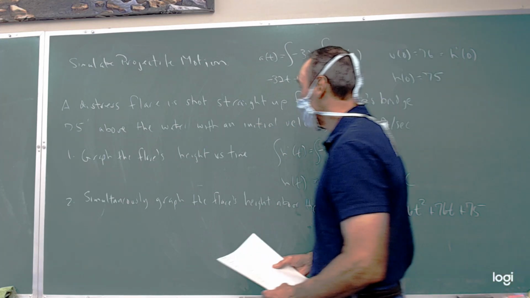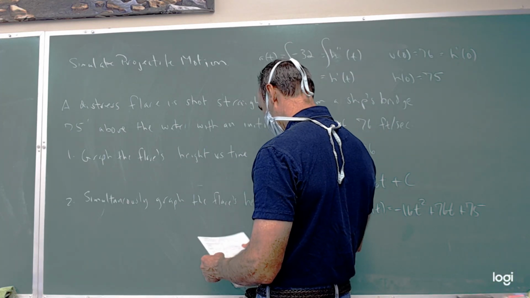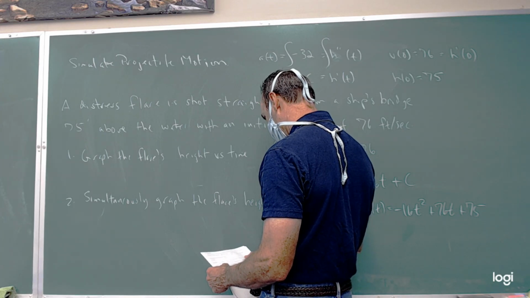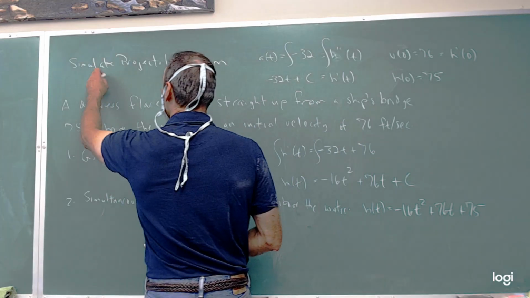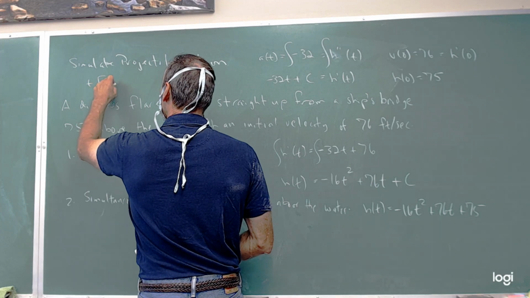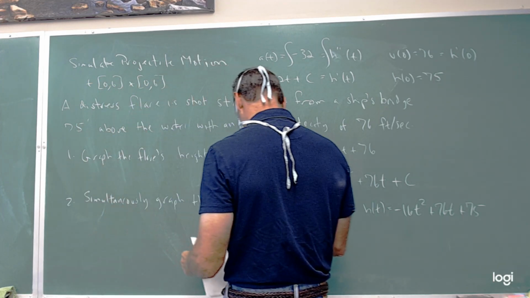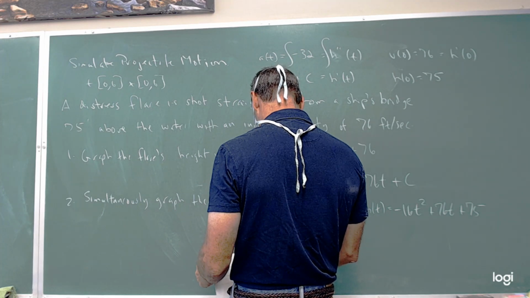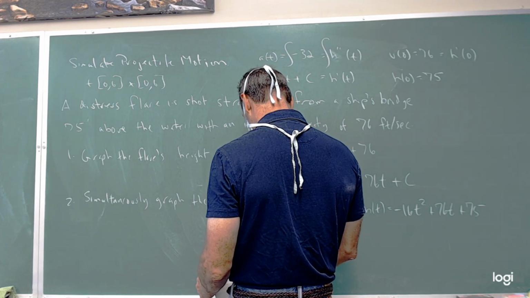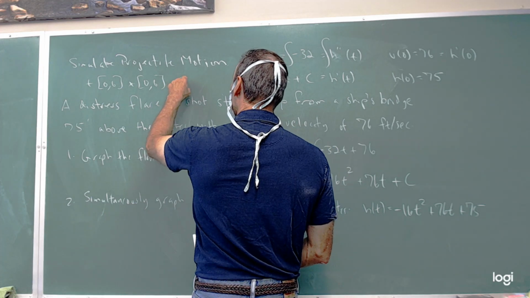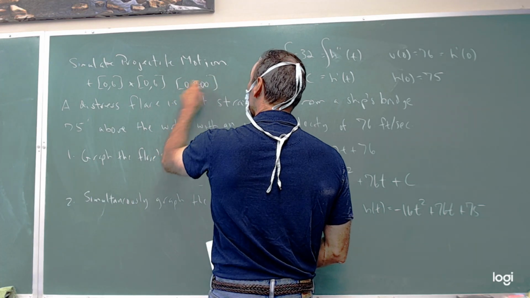So we can choose for our window, I think we can go 0 to 6 for t, and then 0 to 6 for the x values, and I think we're going to need 0 to 200 for the y values.